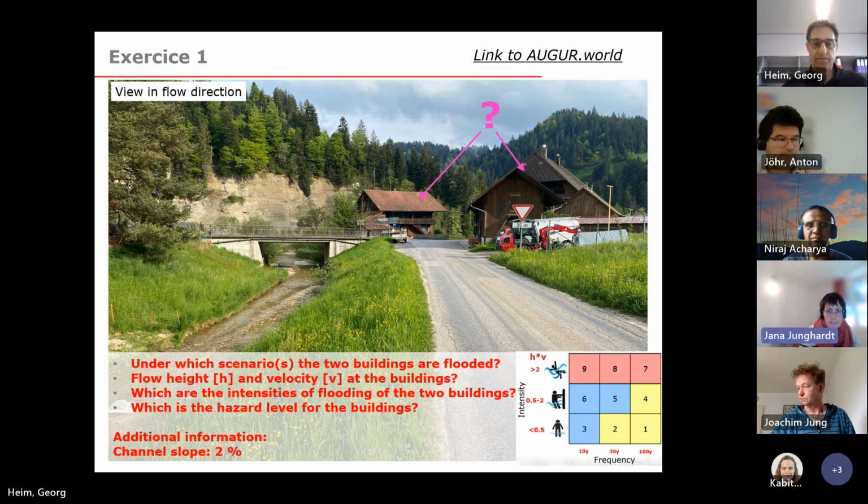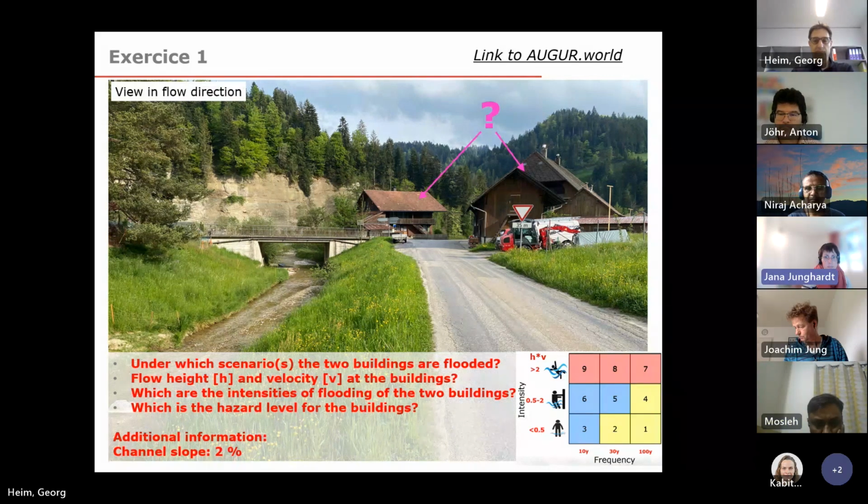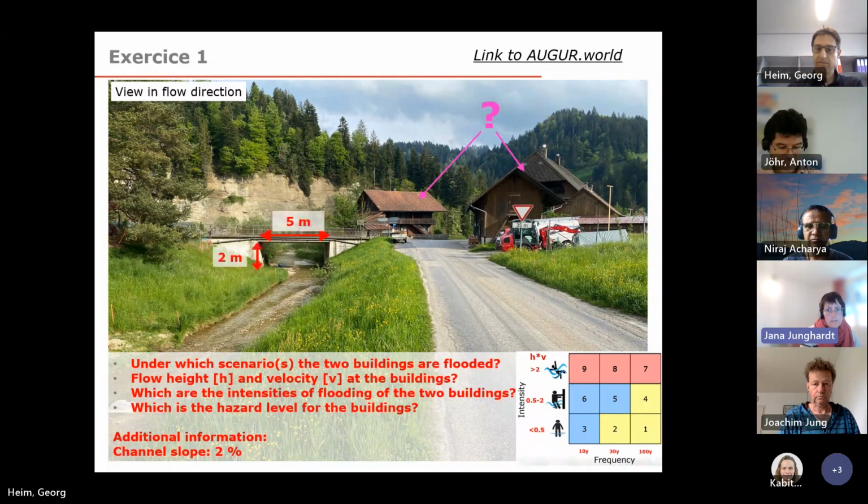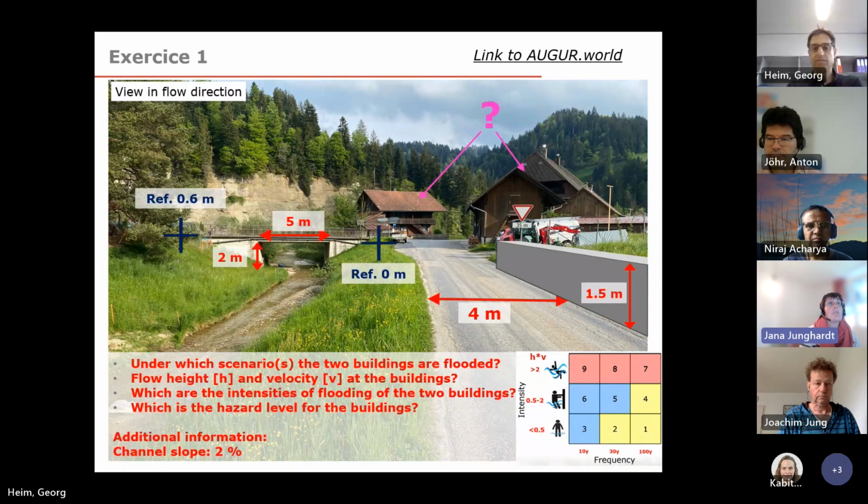And then to calculate the flow height, you helped us a bit, Georg. So we took this 2.3 for the 30-year scenario, divided it by the width of the channel, which is the street, those are the 4 meters, 2.3 divided by 4.